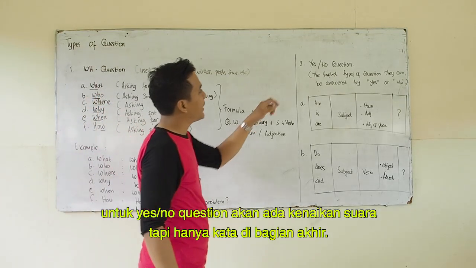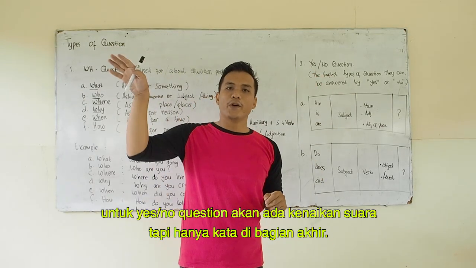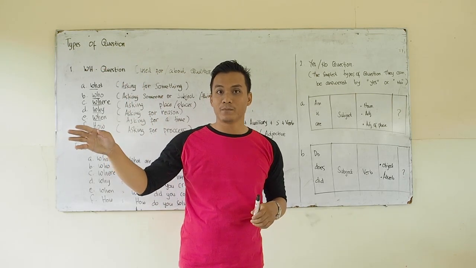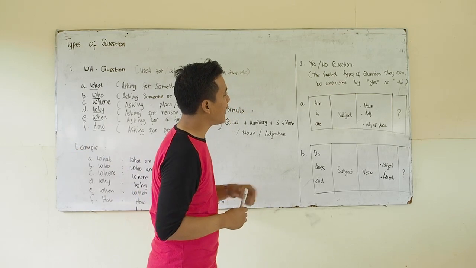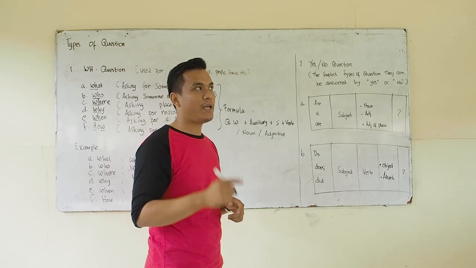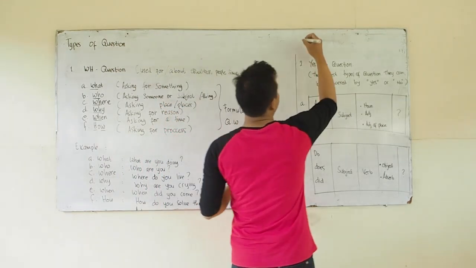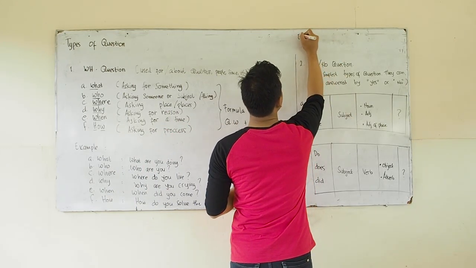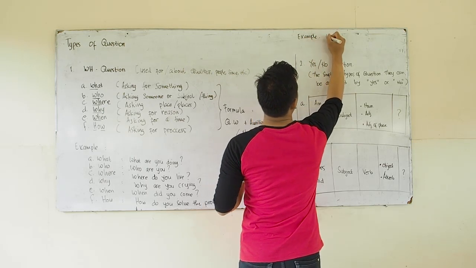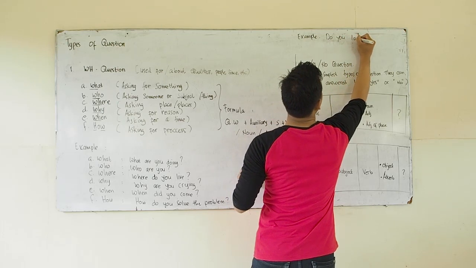Meanwhile, for the second one, the yes or no question, there will be a rising voice, but it only happens on the last word. For example, probably it will be better if I make example sentences. Yeah. For example, here. Example. Do you love me?